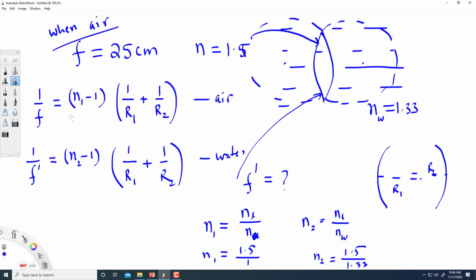So you need to plug that in here and then divide the two equations.